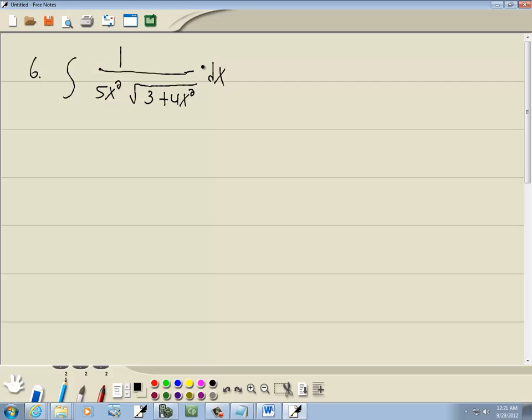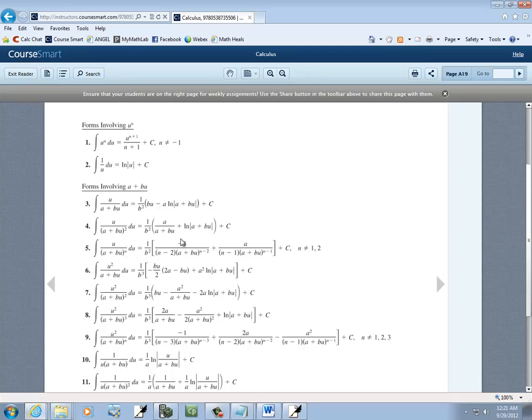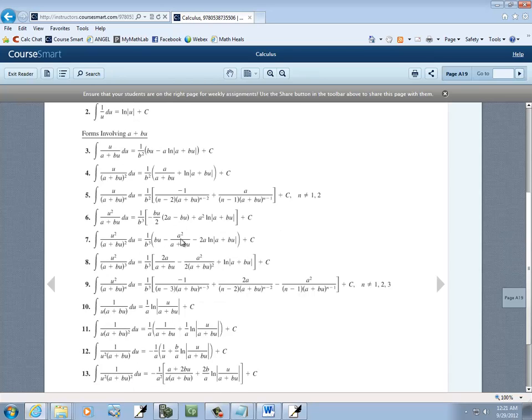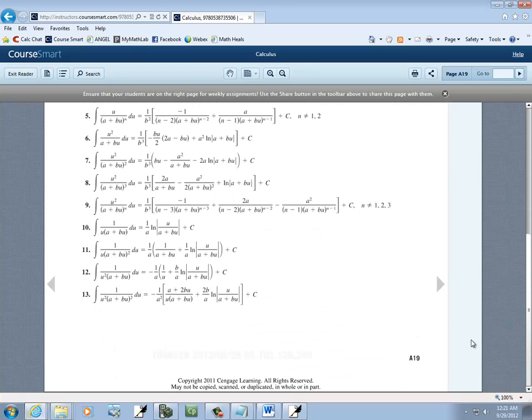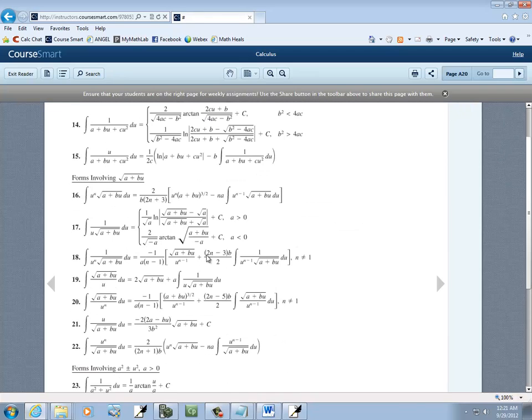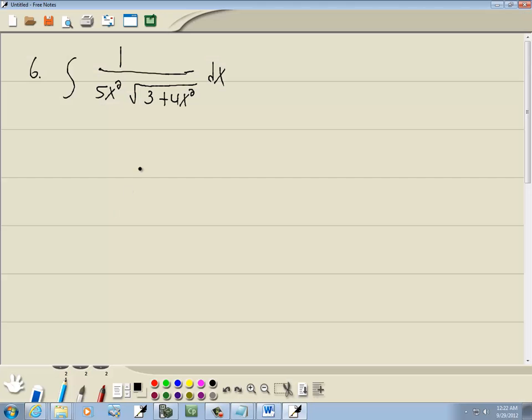If I come over here, I'm looking for something with a square root downstairs. It could also be to the 1/2 power. Okay, here's some square roots. A plus BU, and that'd be U there.